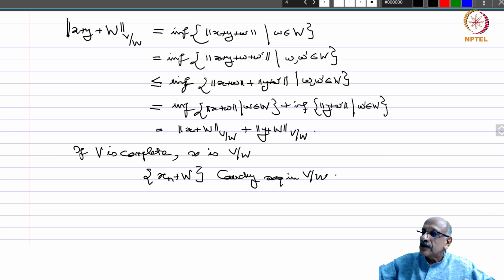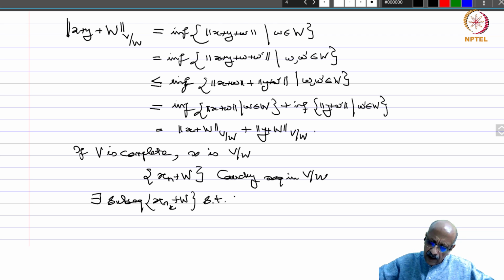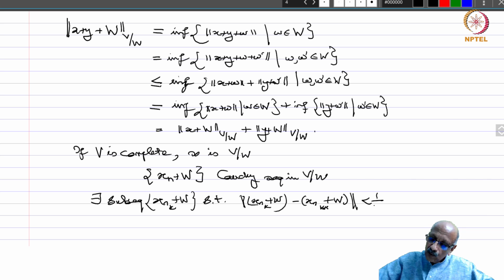So we need to have a subsequence. Given any Cauchy sequence, again this is a property of Cauchy sequences, you can always find a subsequence such that consecutive elements differ by whatever quantity you decide. So there exists a subsequence x_{n_k} plus w such that the norm of x_{n_k} plus w minus x_{n_{k+1}} plus w is less than 1 by 2 power k.